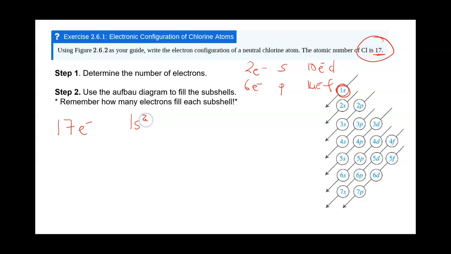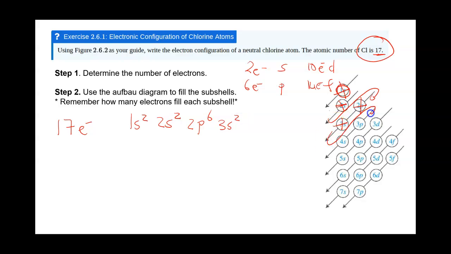That takes 2 electrons. Now that's done. Then we move on to the 2s, and that takes another 2 electrons. So that's done. And then now we're on the 2p. That takes 6 electrons. So that's 10. Then we move on to the 3s. That takes 2 electrons, and that's 12.